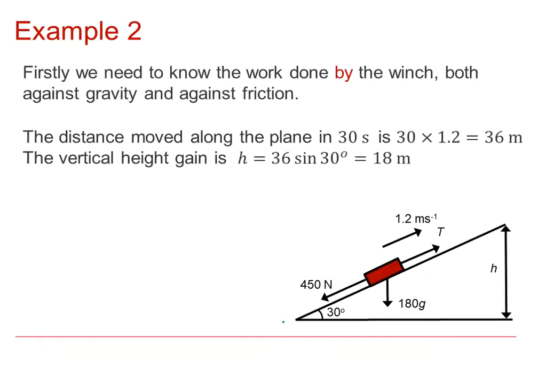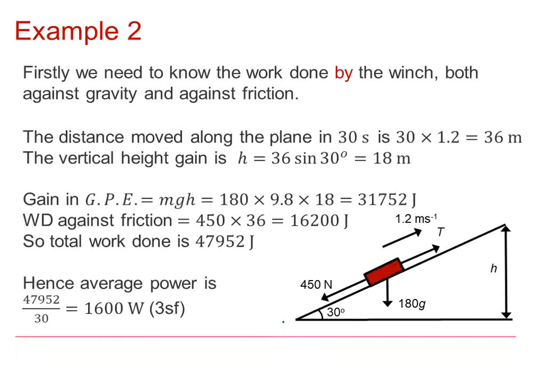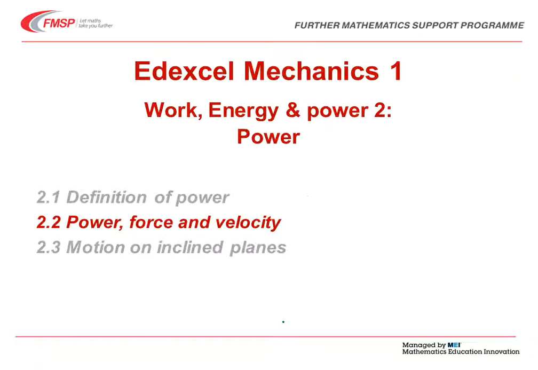So there we can see the vertical height being calculated as 18 meters, and we can see the work done against friction and the work done against gravity in order to calculate the work done by the winch. In the next session we're going to be looking at power, force and velocity.